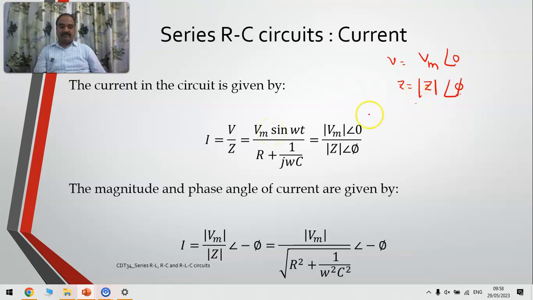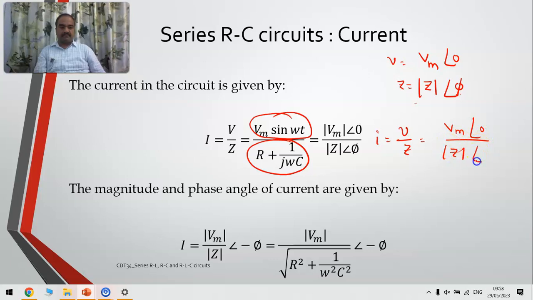This is the generalized representation, Vm sin omega t, over R plus 1 by j omega C. Now, V by Z is my current. If I divide this, this is my magnitude, Vm by Z.